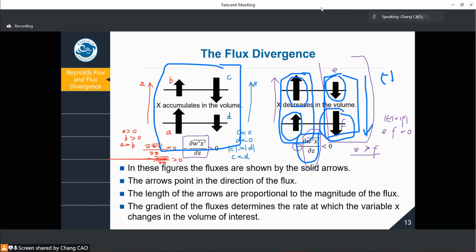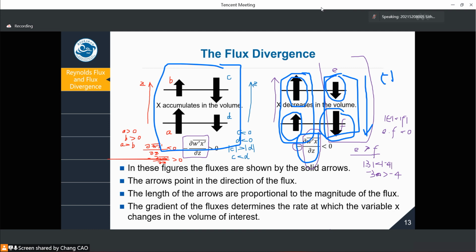Suppose E is minus 3, okay? And F is minus 4. So in absolute value, F is bigger than E. But since E and F are both negative values, actually E is bigger than F. Can you understand this?